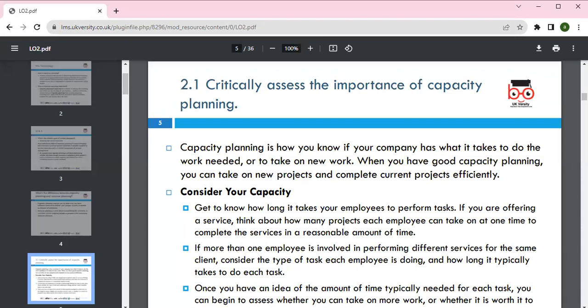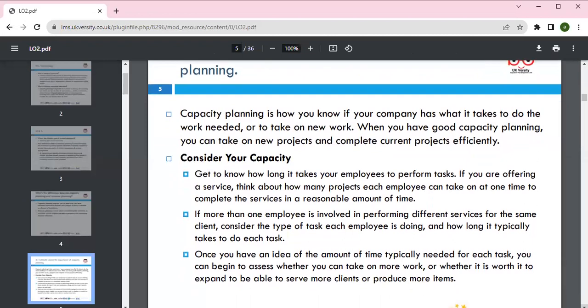Consider how long it takes an employee to perform the task. If you are offering a service, think about how many projects an employee can take on at one time to complete the service in a reasonable amount of time. If more than one employee is involved in performing different services for the same client, consider the type of task each employee is doing and how long it typically takes.